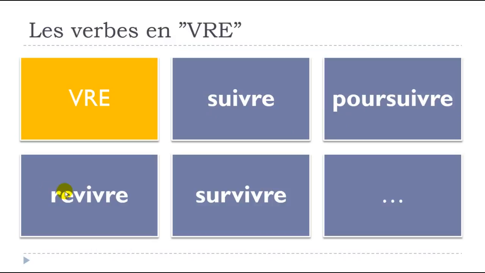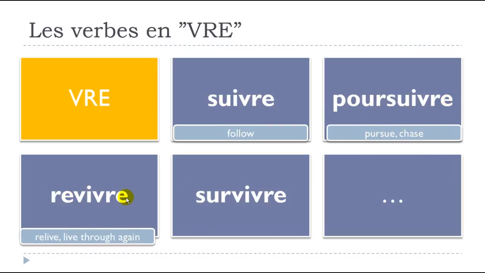Let's see what they mean. Suivre is to follow. Poursuivre, pursue, chase. Revivre, relive, live through again. Survivre, survive. And these verbs will be conjugated like vivre that we saw a few minutes ago.